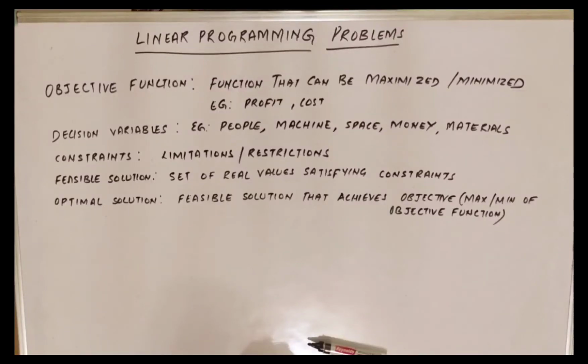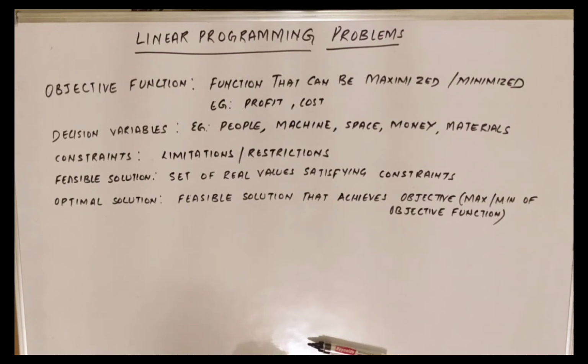Linear programming is a technique used in industries, organizations, manufacturing companies, and production units, where the management wants to make a decision on how to maximize their profit, minimize the cost, or maximize the production, right? So, what is the main objective of these companies?